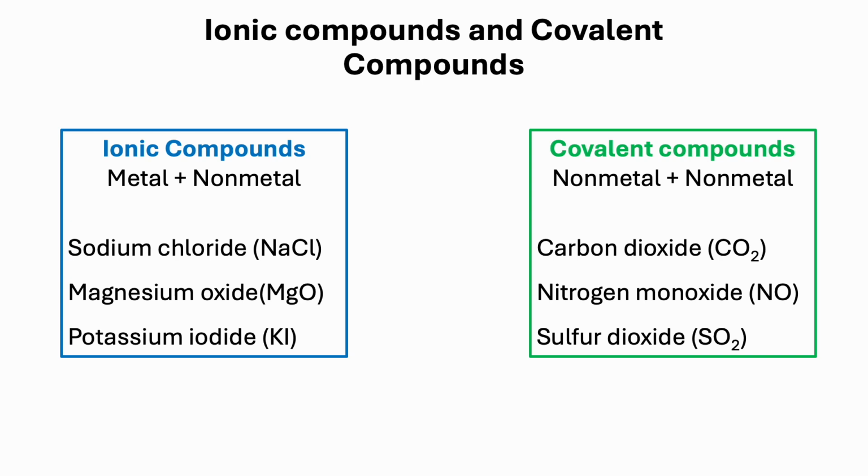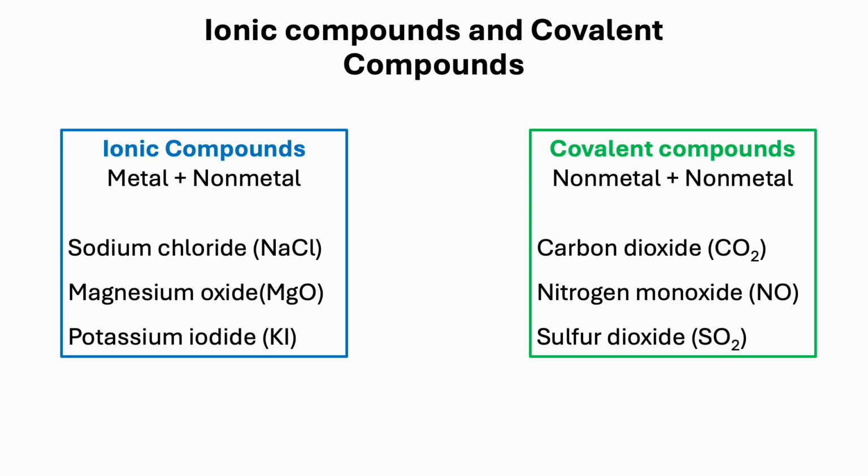You can see some examples given for ionic compounds, like sodium chloride, NaCl, magnesium oxide, MgO, and potassium iodide, KI. When writing their formulas, first write the symbols of the ions involved, balance the charges so that the total positive charge equals the total negative charge, and then use subscripts to show how many of each ion are needed.